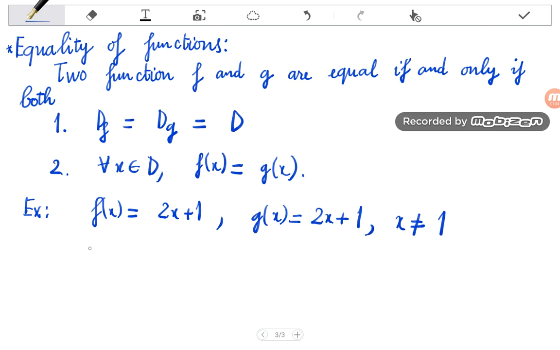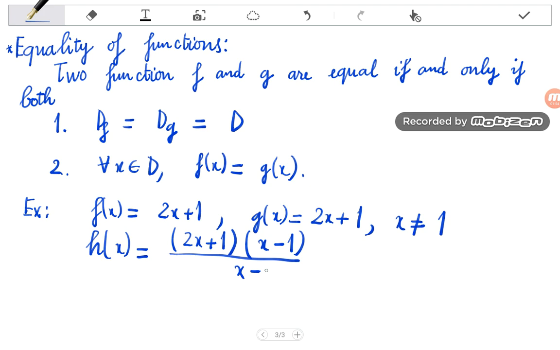And we have the function h(x) equals the fraction (2x plus 1) times (x minus 1) over (x minus 1).